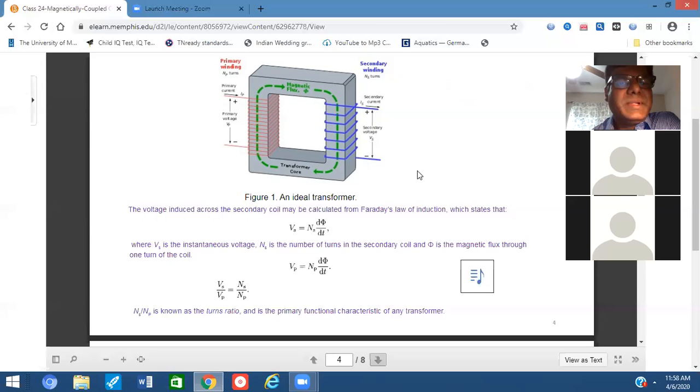Both primary coil and secondary coil are placed on the same magnetic material, but they are not electrically connected. This means they are magnetically connected. So what is the working principle? There is primary voltage on the left side, denoted by symbol Vp. This means you are applying voltage Vp on the primary side.